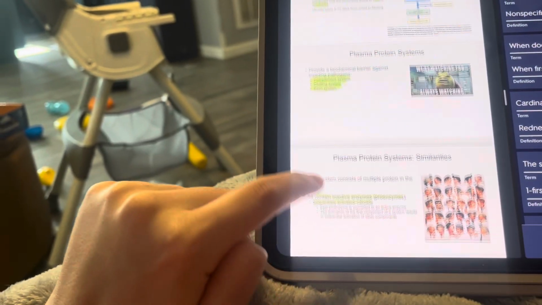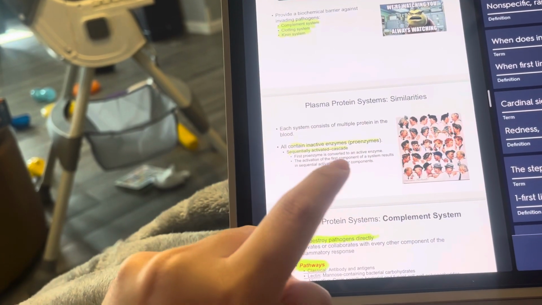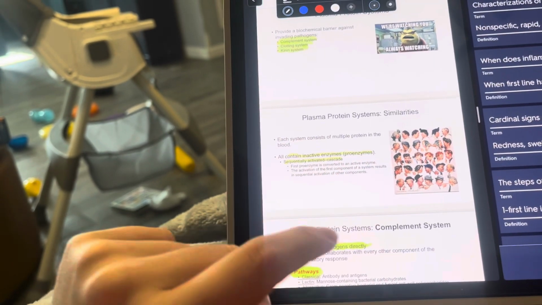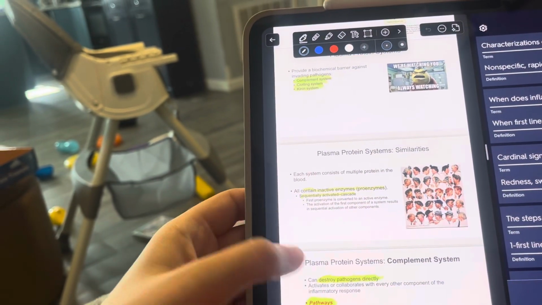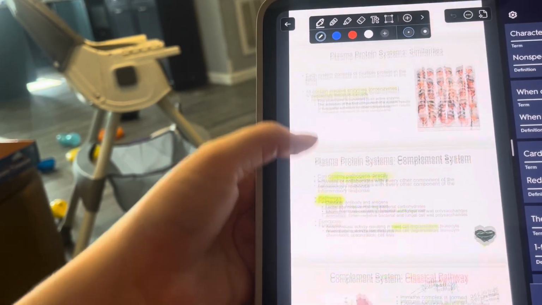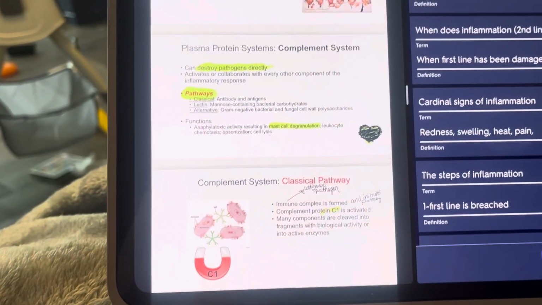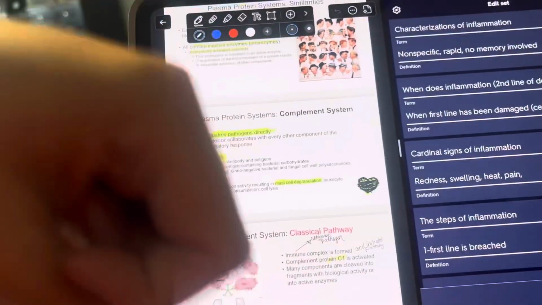Okay. So all 3 of our systems have a proenzyme or something called a sequentially activated cascade, which just means it's really complicated. Enzymes activate other enzymes, which activate other enzymes, and it just continues onward, okay? So the complement system is what destroys the pathogens.